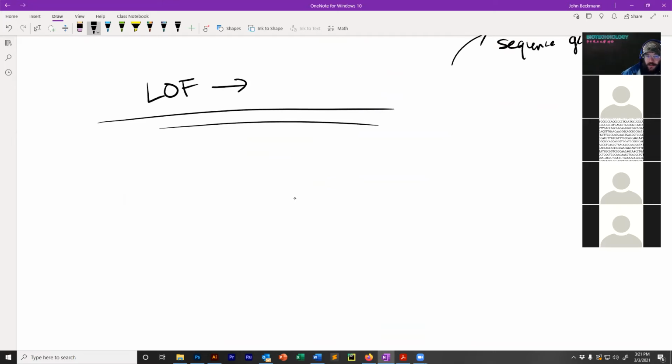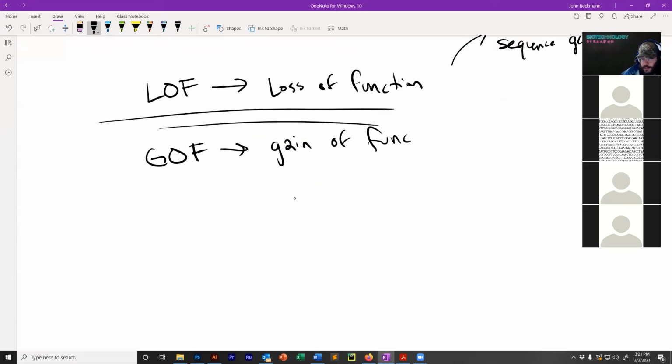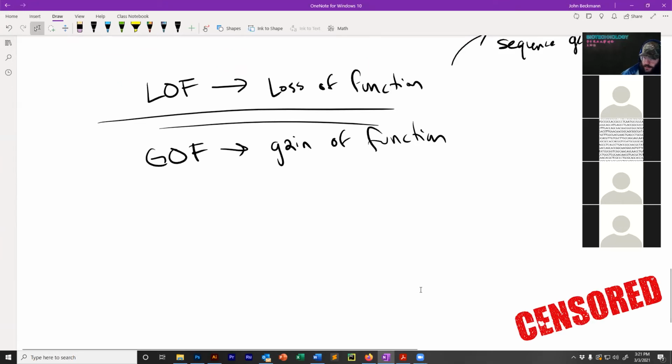You're doing some kind of situation to create loss of function. The inverse of this is gain of function. You're doing some kind of screen or library to induce a gain of function. So let me talk about some of these.